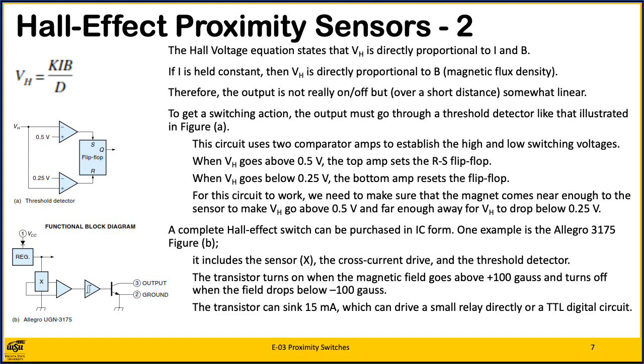The transistor can sink 15 milliamps, which can drive a small relay directly, or a TTL digital circuit. Hall effect sensors are used in many applications, for example, computer keyboard switches and proximity switches in machines. They are also used as the sensors in toothed rotor tachometers discussed earlier in this chapter.